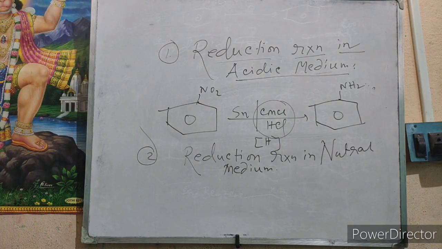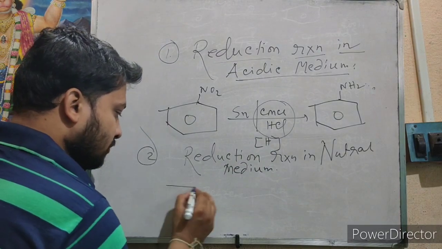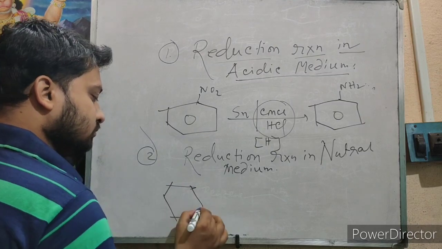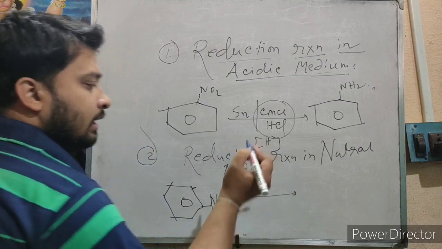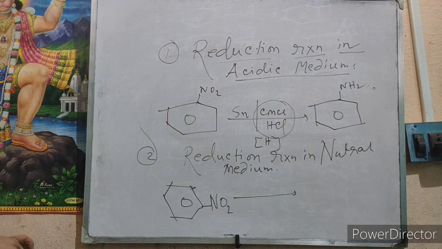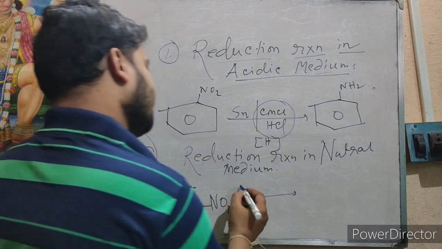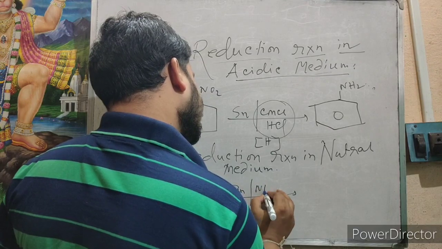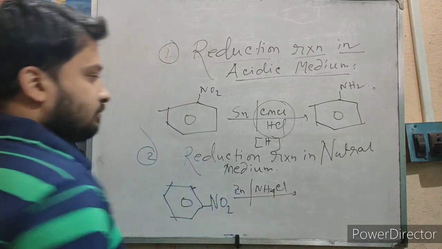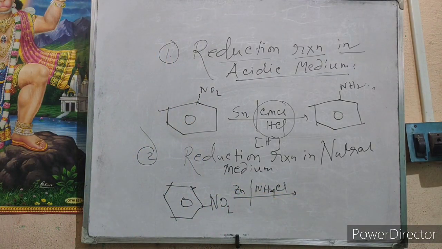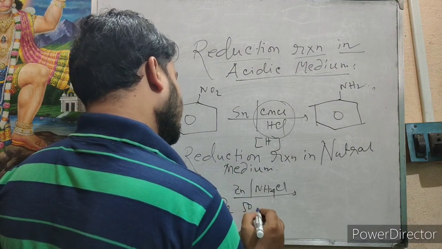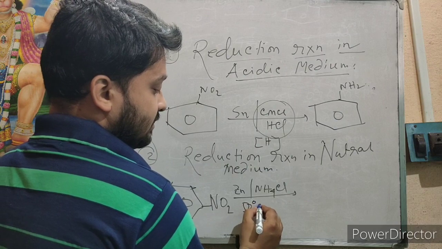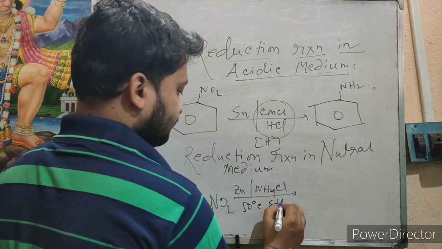So then you take nitrobenzene and use Zn and ammonium chloride, at 50 degrees centigrade temperature and ethanol.